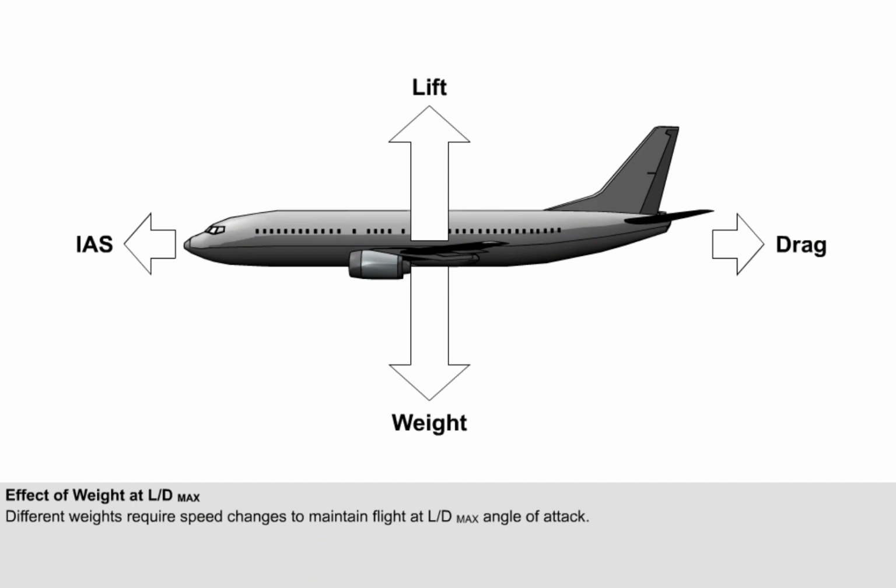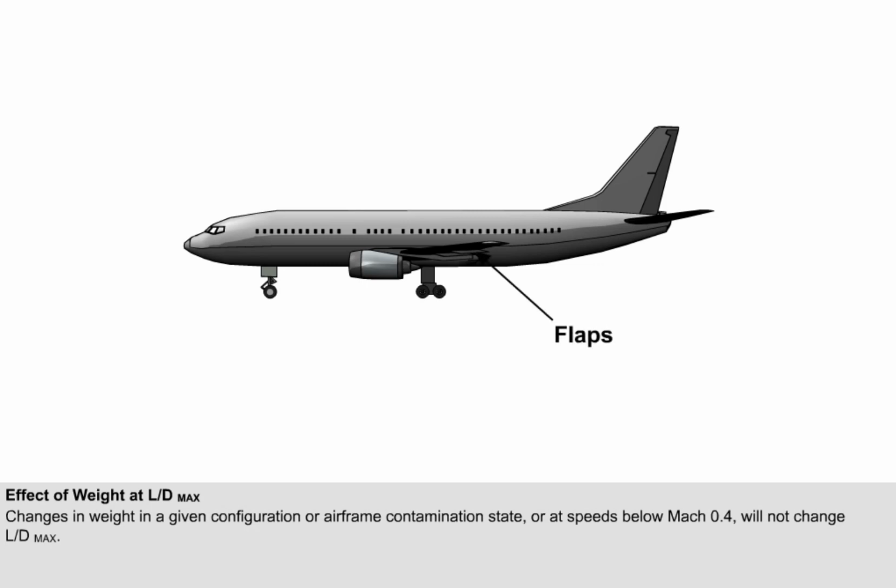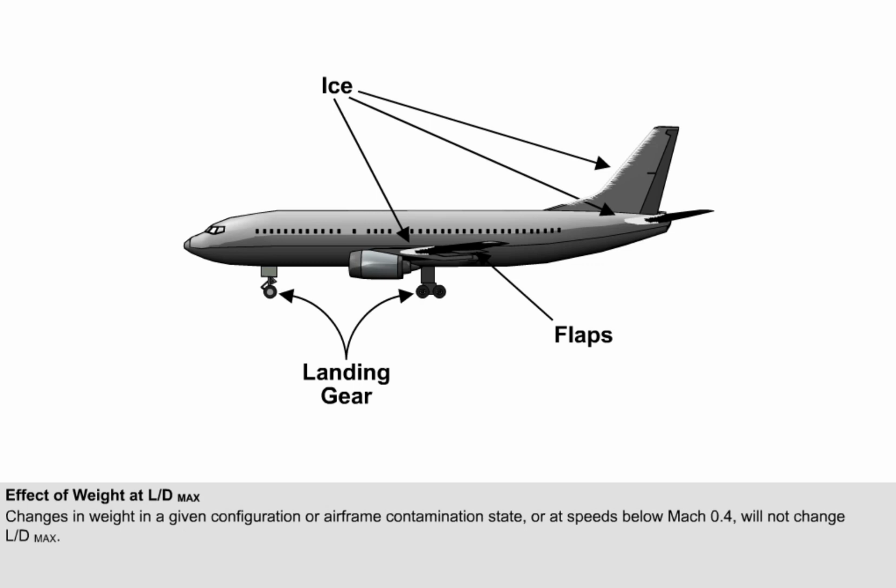The lower the weight, the lower the IAS required to stay at the LD max angle of attack, and vice versa. Changes in weight in a given configuration, or airframe contamination state, or at speeds below Mach 0.4, will not change LD max.